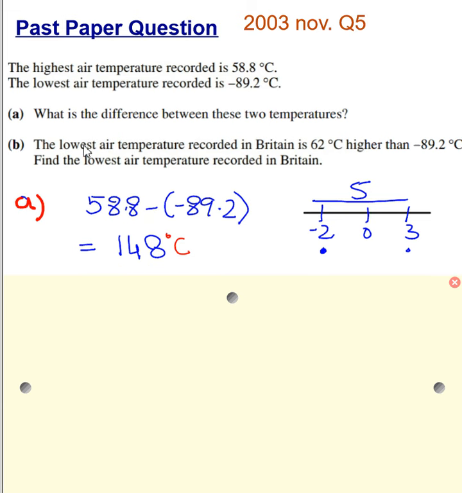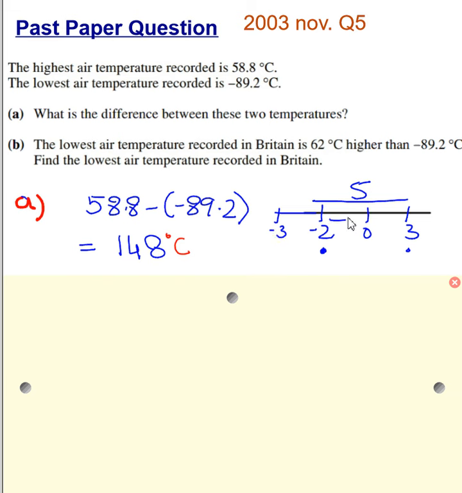The second part is saying the lowest air temperature recorded in Britain is 62 degrees centigrade higher than this. Now, if you're good at the number system, you'll understand that higher means it is more than this. When we are talking in terms of negative numbers, as you go on the number line toward this side, the magnitude increases, but the number overall is reducing.